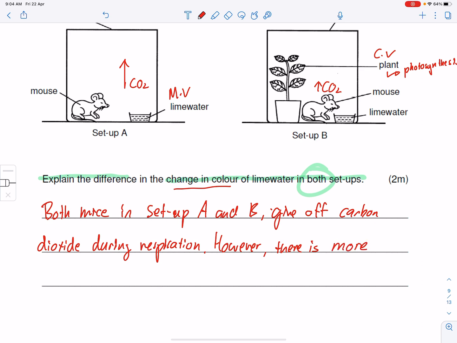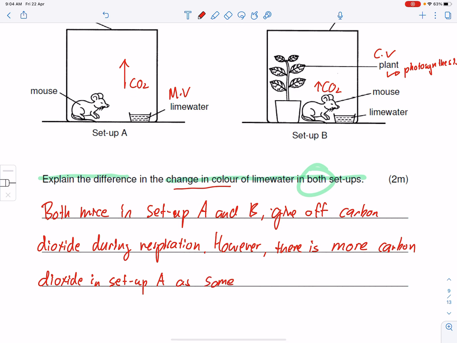more carbon dioxide in setup A as most of the carbon dioxide. Okay, I wouldn't say most. Change this please to some.